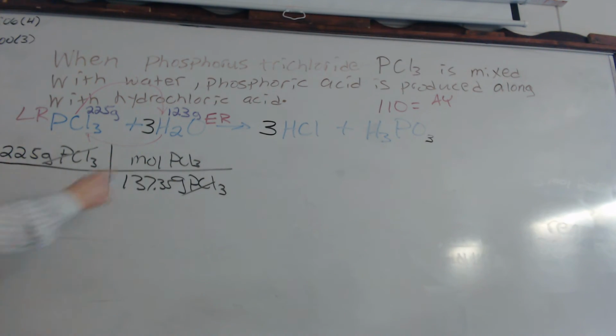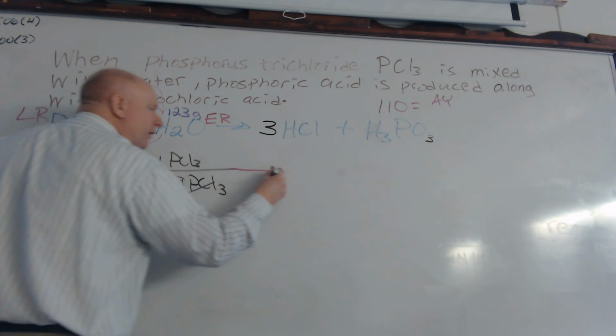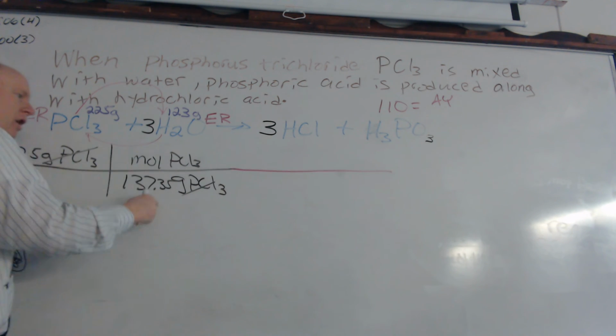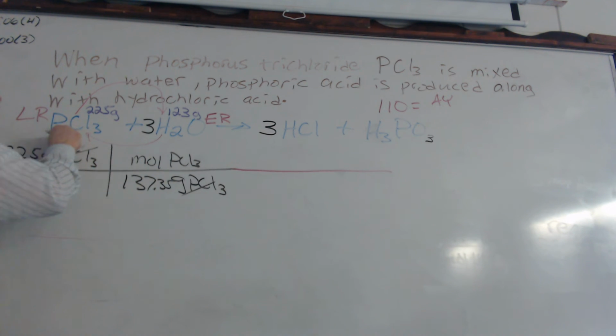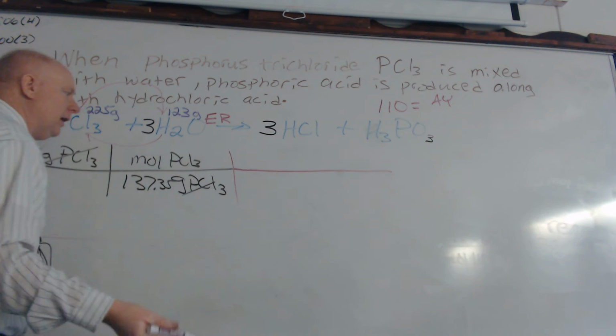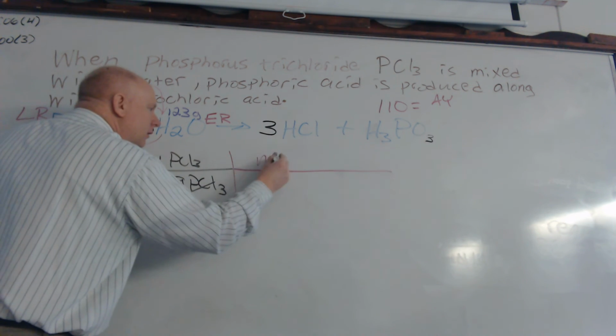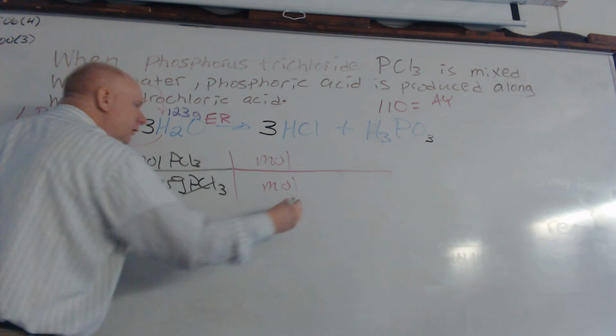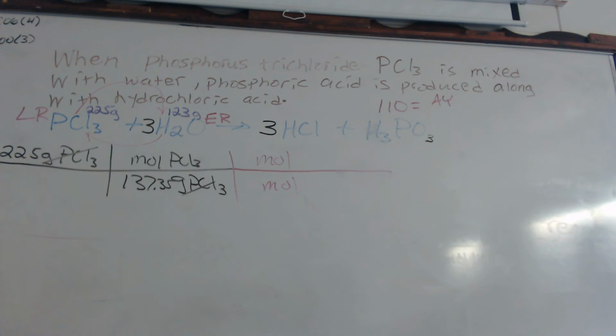So how do we extend this problem out a little further then? So we are in moles of PCl3. How can we get to that side now? Moles. Okay. I'm just doing what you said, mole to mole.